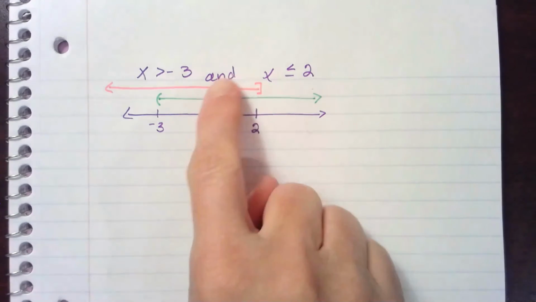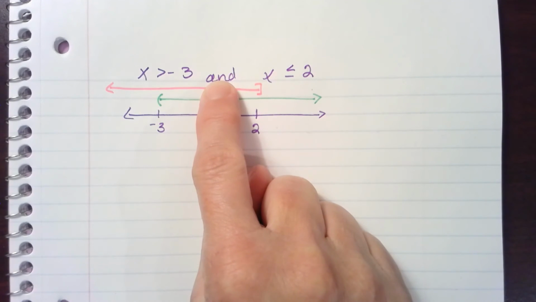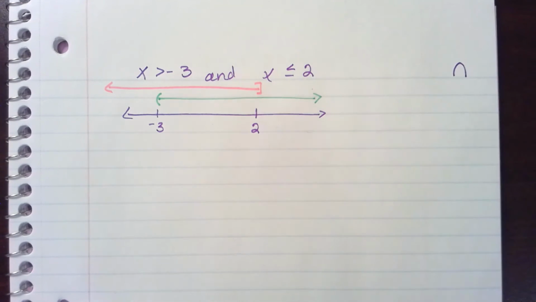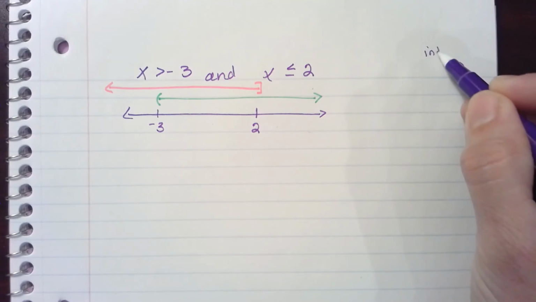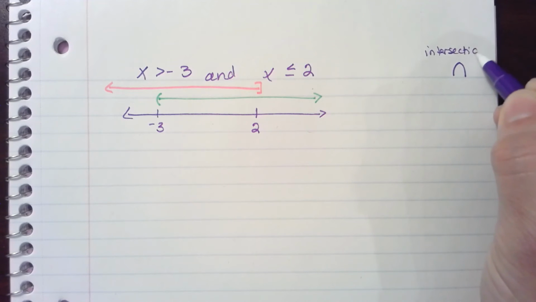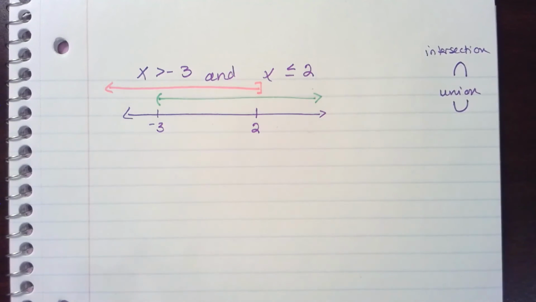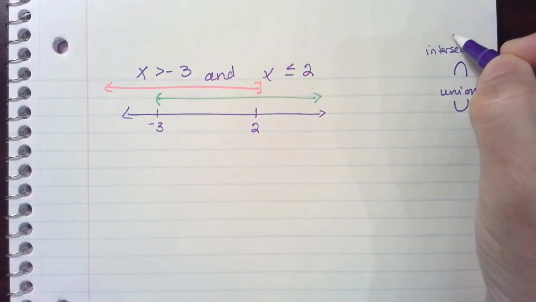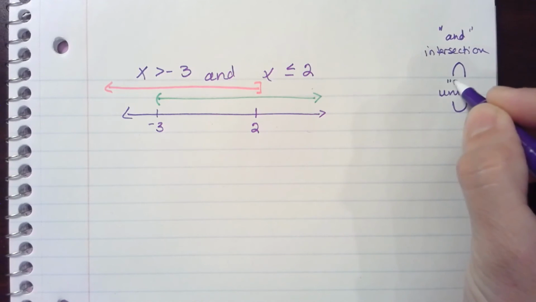Remember, we have the and, that means intersection, and intersection means what do they have in common. By the way, the symbol for intersection is opposite the union symbol. This means intersection. And this means union. Okay, we want the intersection because we have the word and. We use union for or.